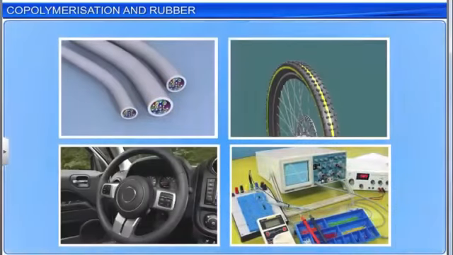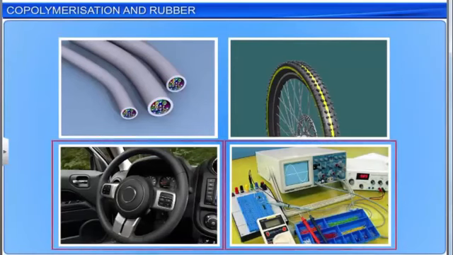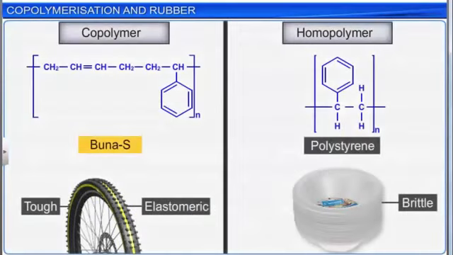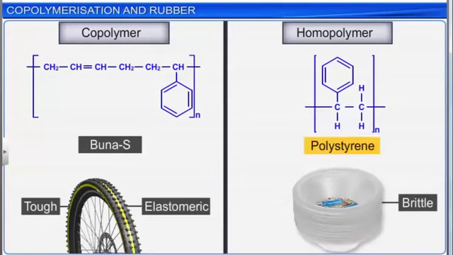Let us now understand how the properties of a copolymer differ from that of a homopolymer with a suitable example. Buna S, a butadiene-styrene copolymer, is elastomeric and tough, as in this bicycle tire. In contrast, polystyrene, a homopolymer, is brittle.